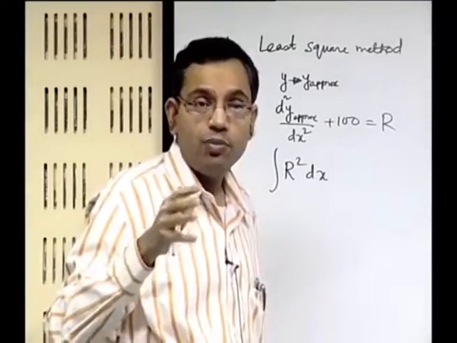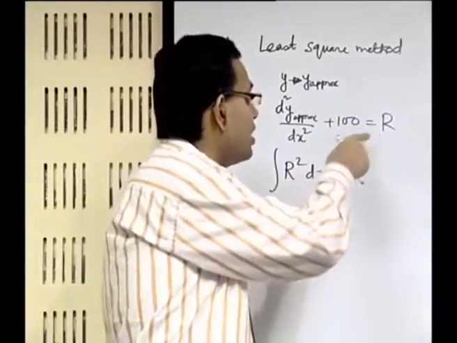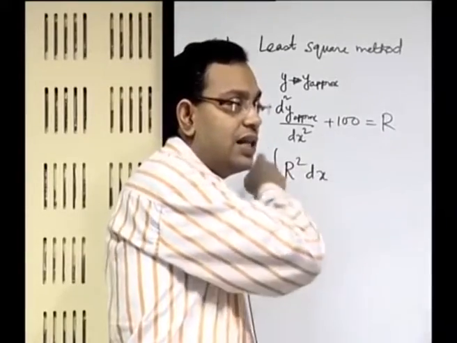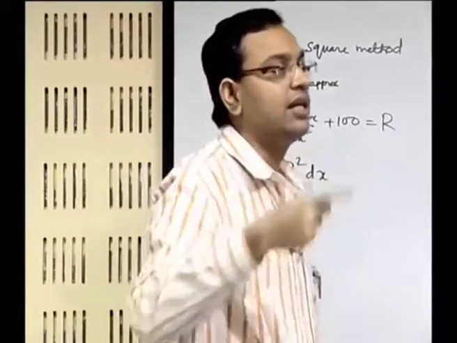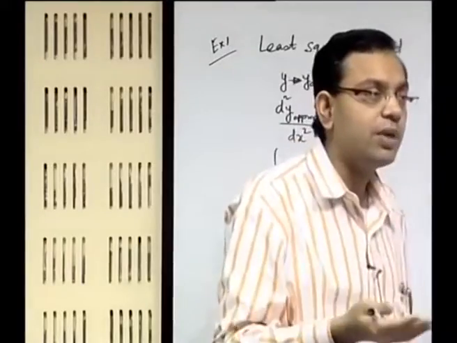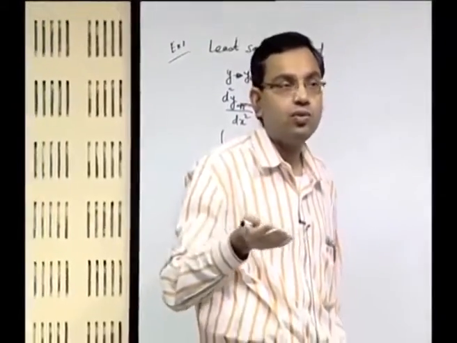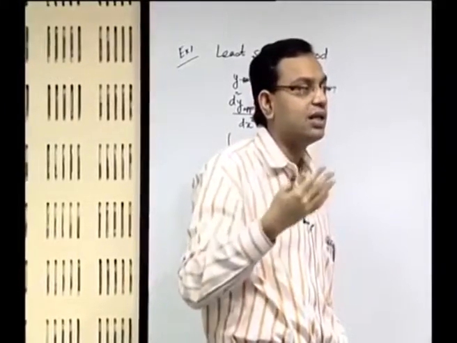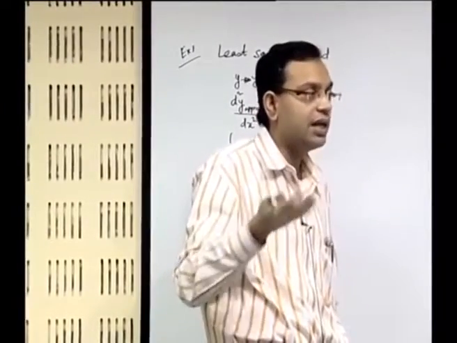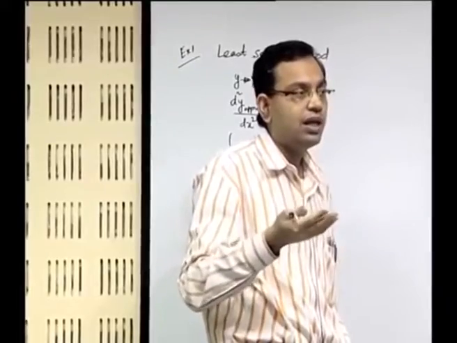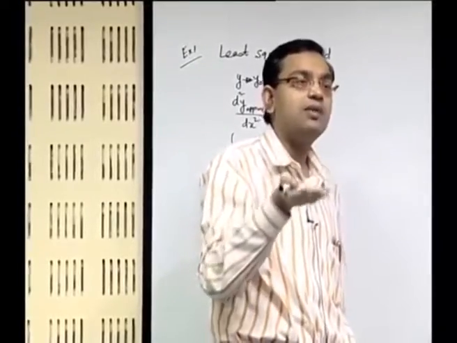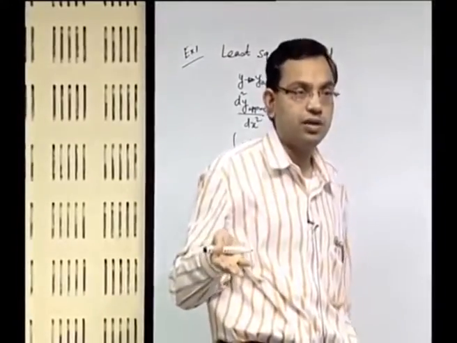Why square? Because if you just find out the residual itself and find the sum of it, then it can be misleading, because some of the residuals may be positive, some of the residuals may be negative, the total sum may be 0, giving a false illusion that as if the error is 0 or error is very small, but actually that may be because of nullification of some positive error with some negative error.